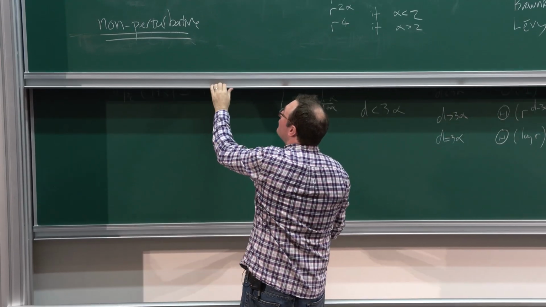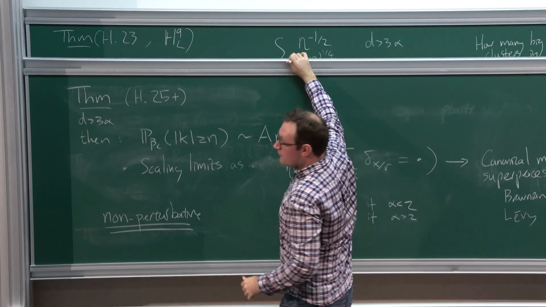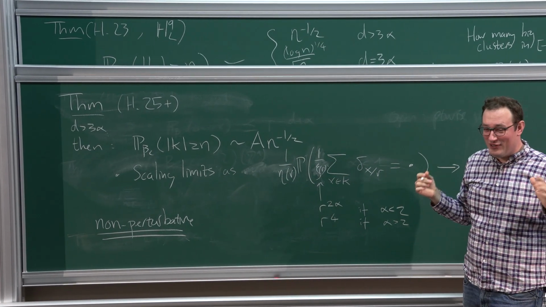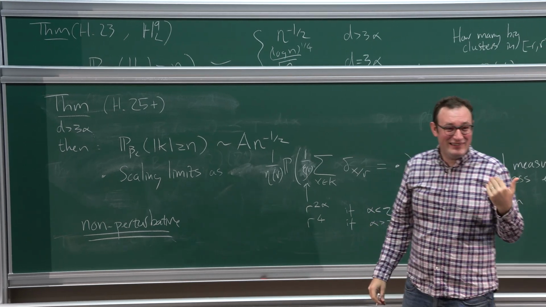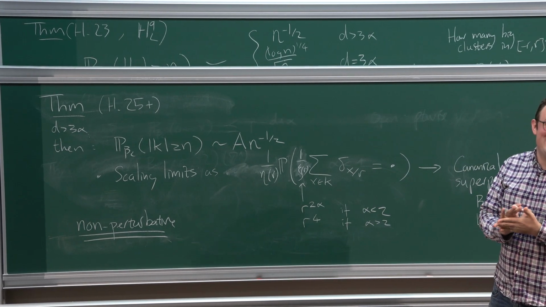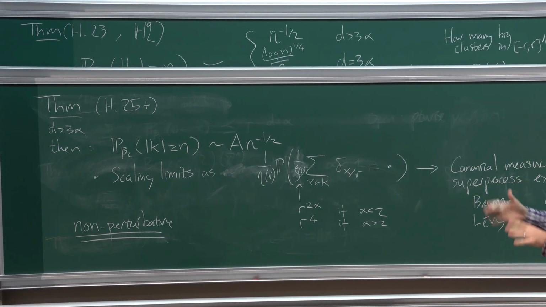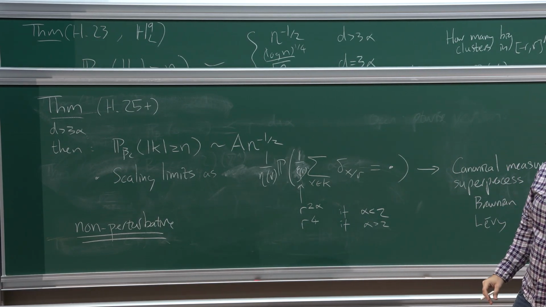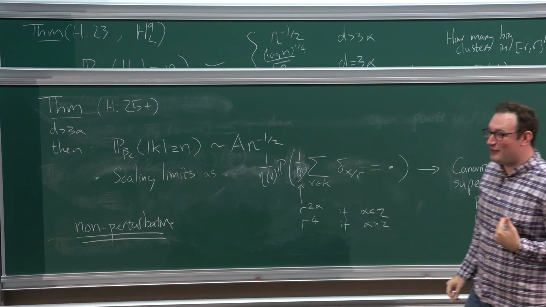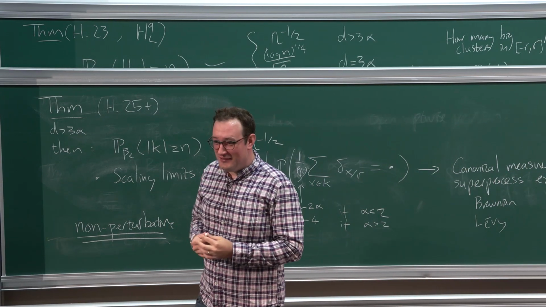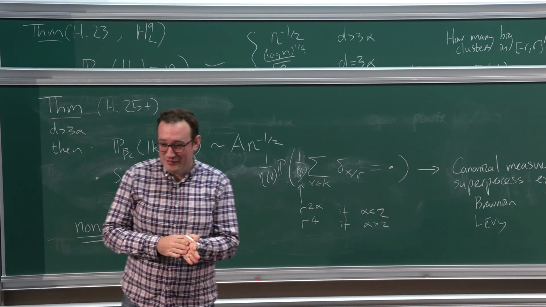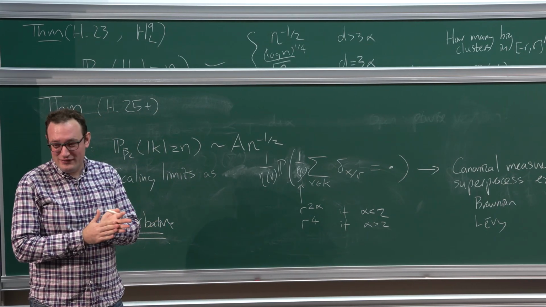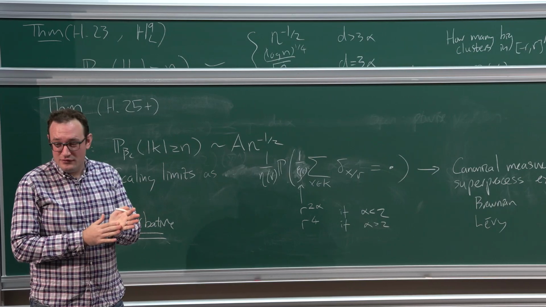Oh, actually, sorry, before I move on. The plus means it's very close to being finished, though. I really wanted to have it online. It is perturbative, it's 25 plus epsilon. I very much hope that it will be on the archive certainly by the end of this year, hopefully much sooner than that. We're working like dogs to prove that for the usual percolation, the limit will be what we call the Brownian motion on this thing. Now you're saying there is something more to do for the long range thing.